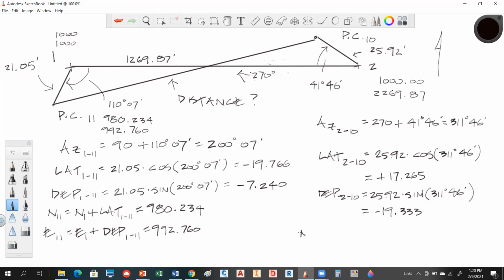So my northing of 10 is the northing of 2 plus that latitude 2 to 10, and the easting of 10 is the easting of 2 plus the departure 2 to 10.